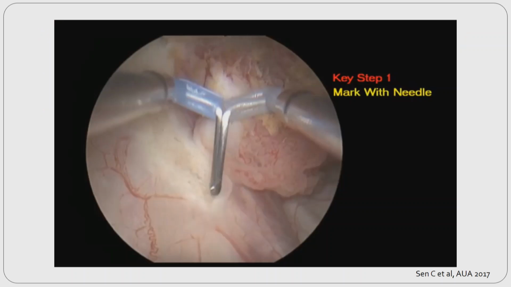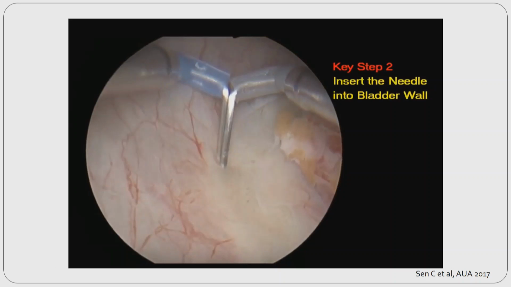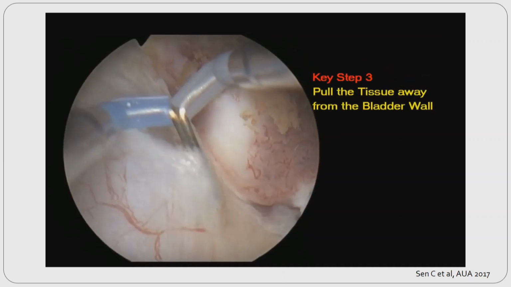For those of you that are used to using the needle point during your TURBTs or VIUs, it's the same needle essentially. So the first step is mark the borders of the tumor with the needle. Then you actually take this needle and insert it into the areas that you've marked, which you've used cautery on. Once you insert it in there, then you perform blunt dissection.